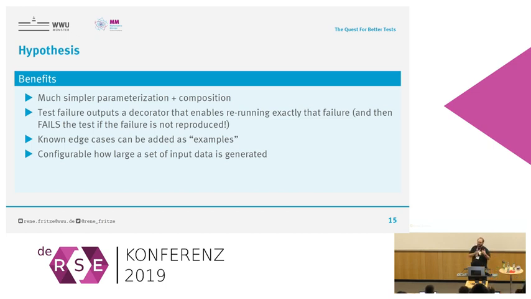It has the very, very nice feature of outputting a decorator. If a test fails, you put it on your test function. It reruns the exact test it did before and only this. You can add your edge cases manually. And you can configure how much data Hypothesis produces to input into your tests.